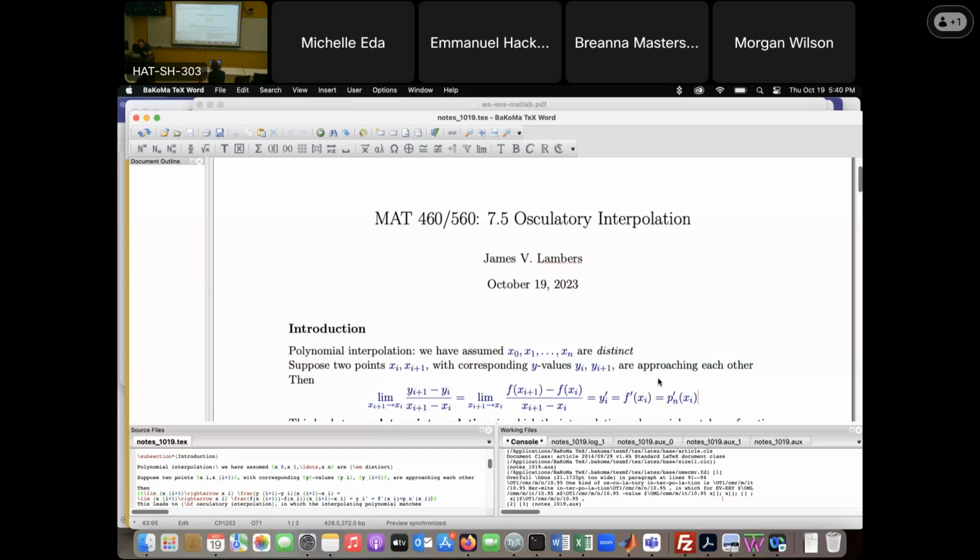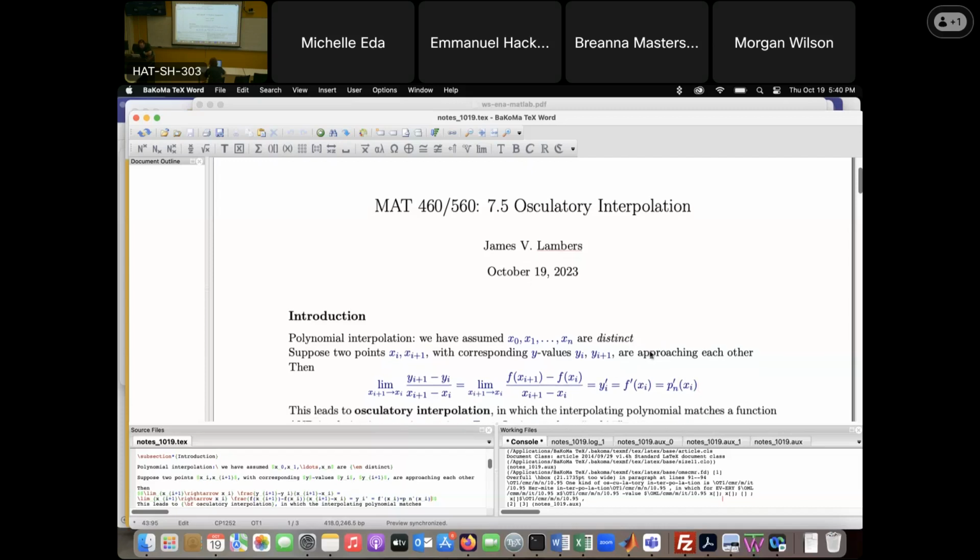That's why we're dropping our assumption of all the x values having to be distinct, because it allows us to fit f(x) in other ways. We're not just matching y values, we can match derivative values, so we can capture more of the behavior of f(x).